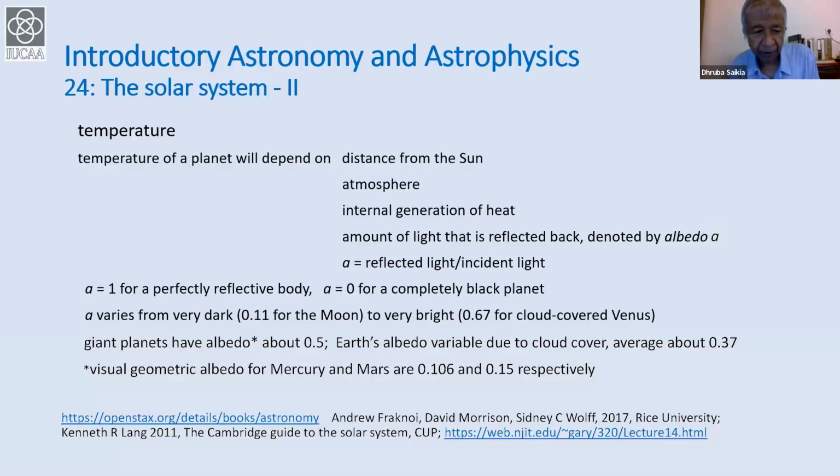And as we mentioned earlier, Earth's albedo is variable due to cloud cover, but average is in the ballpark of 0.3 something or so. And the visual geometric albedo for Mercury and Mars are 0.106 and 0.15. Not a hell of a lot different from the moon. These are all sort of rocky planets as well.